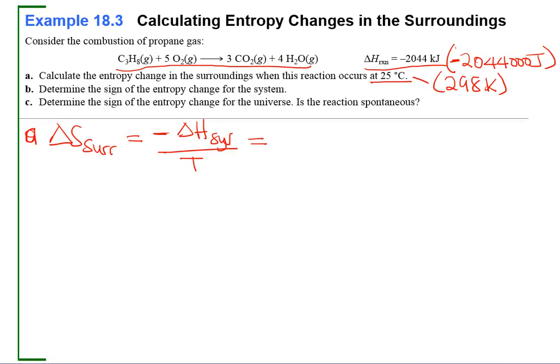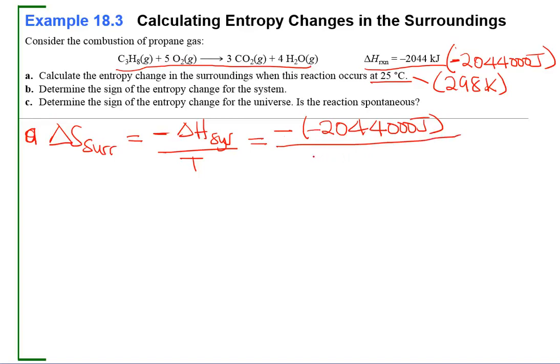So here we are saying delta H surrounding is given by negative delta H system divided by T. This is the delta H system and this is the temperature. So here we have a negative, then inside here negative 2044000 J. I forgot to put a negative inside here.